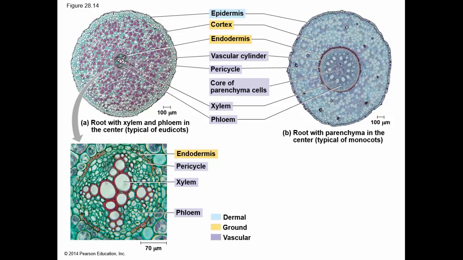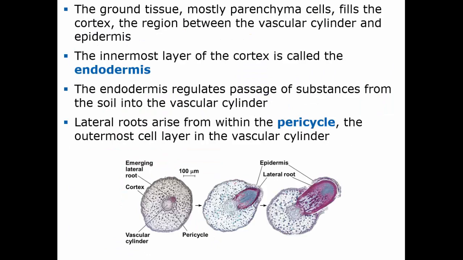Most monocots have smaller scattered bundles of xylem and phloem within the vascular cylinder. Also note the additional parenchyma cells found in the center of the monocot, but not in the eudicot. So the vascular tissue at the center of the root has the important function of drawing water up from the ground into the rest of the plant.